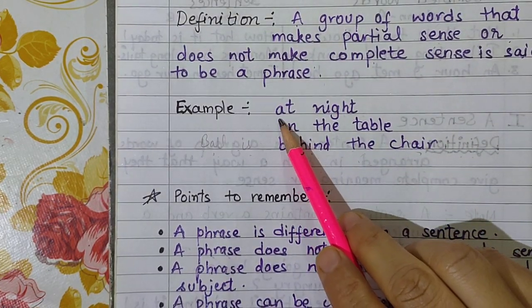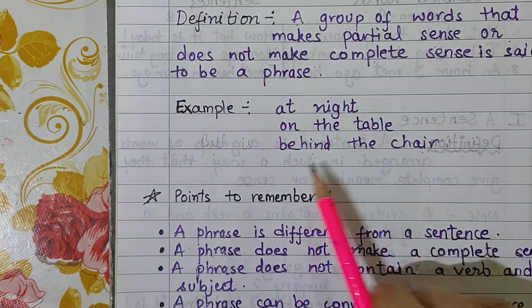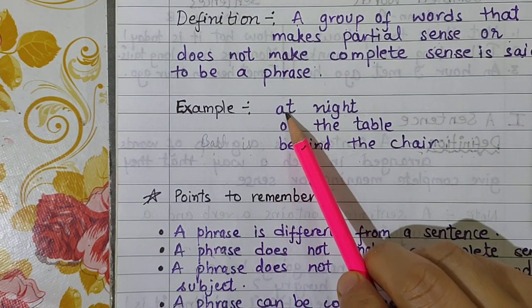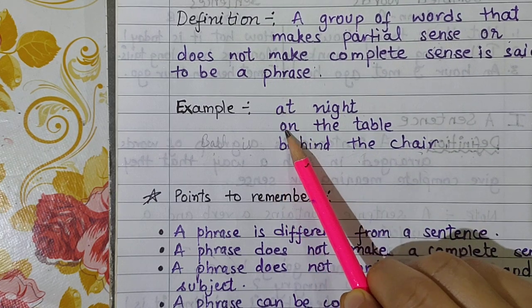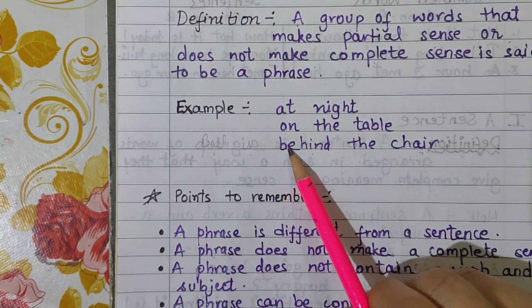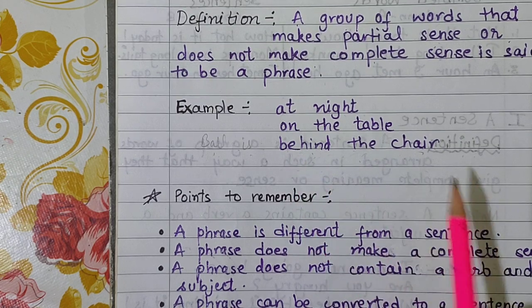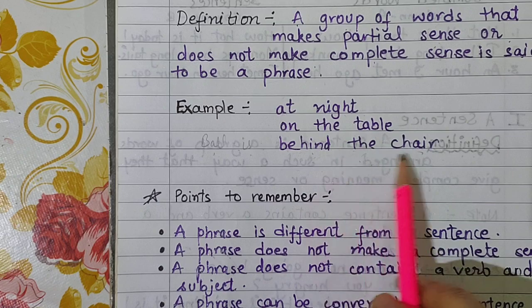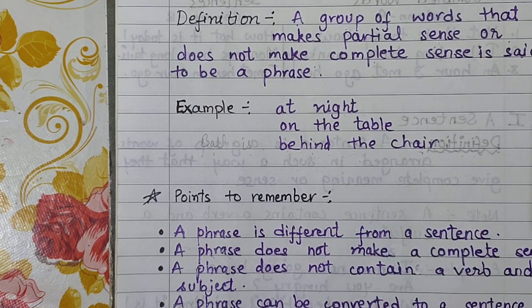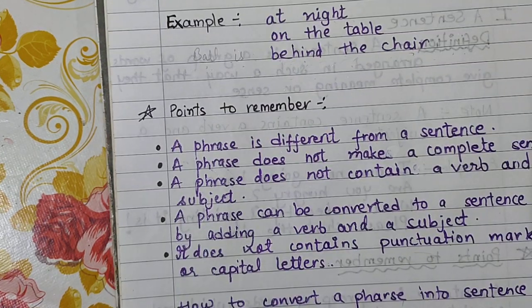I have written at night, on the table, behind the chair. Now here you can see the starting at A is small letter, on O is small, and behind B is small, and there is no punctuation marks at the end of these phrases. So phrase does not contain any punctuation marks or any capital letter. All right.